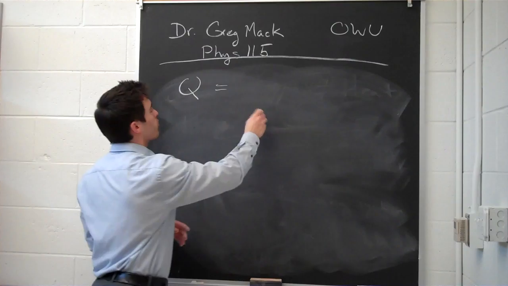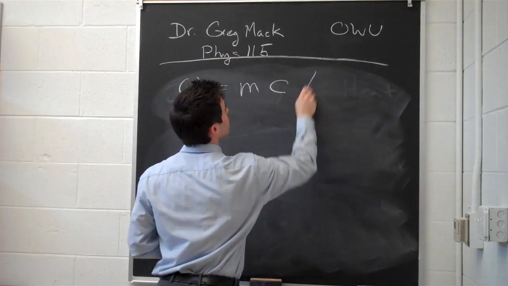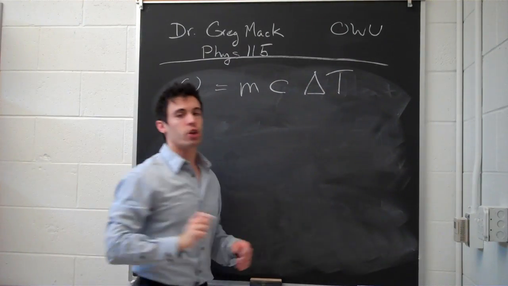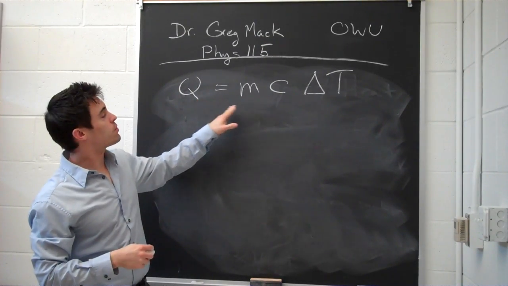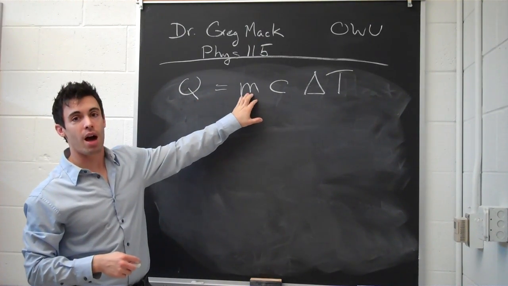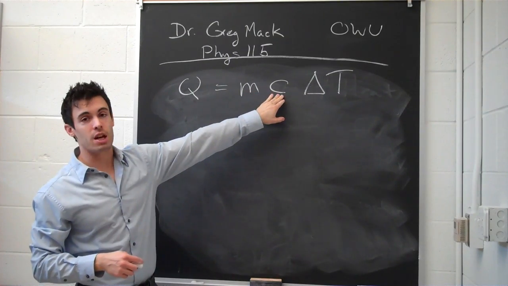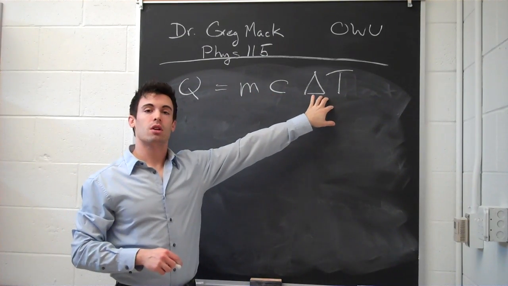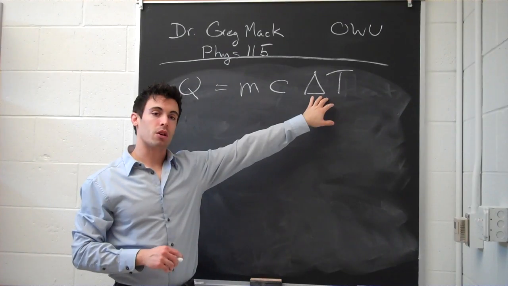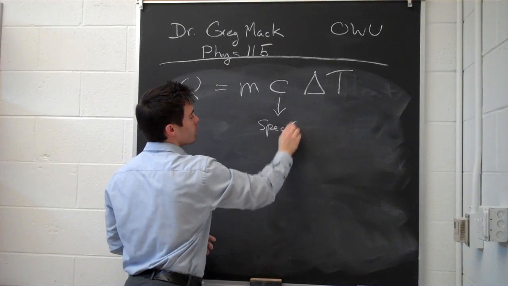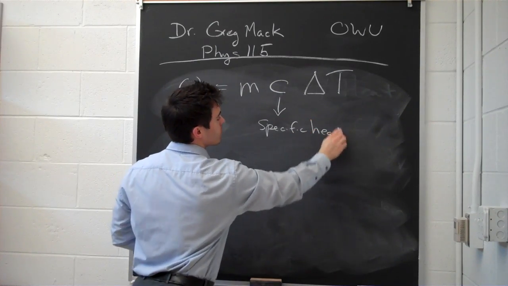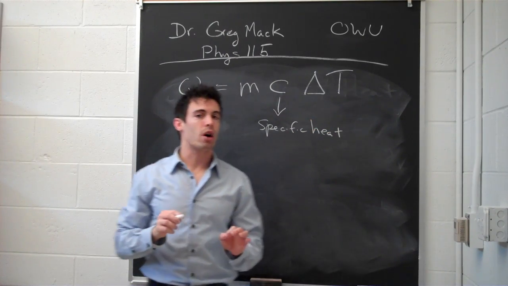So in that formulation, Q, the energy in question here, is equal to however much material you have times something called the specific heat for that material times the change in temperature of that material. So this right here, the specific heat, is different for every material you're talking about.